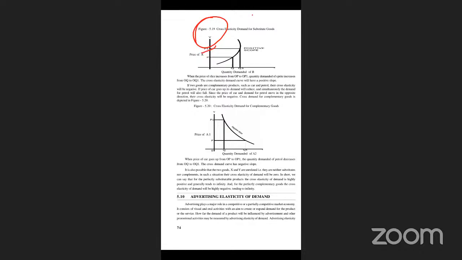When the price is P1, it is Q1, and when it is P, it is Q. Now see, the same example, the price of Slice is decreasing from P1 to P2. The quantity is also decreasing from Q1 to Q. And so the curve is this. And this curve is referred to as a positive slope.